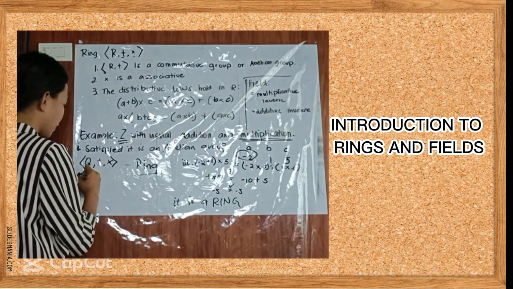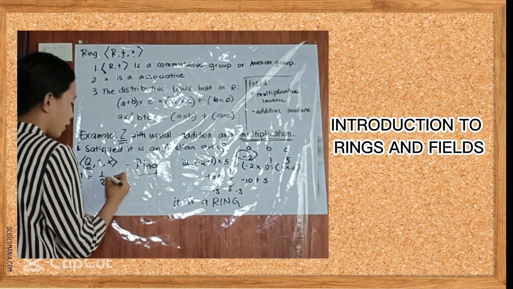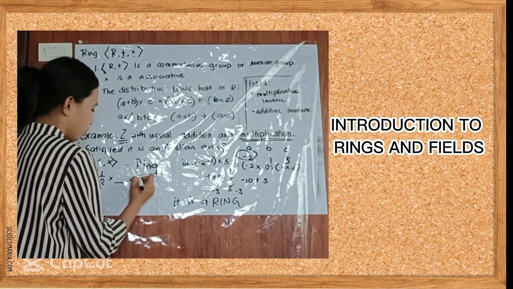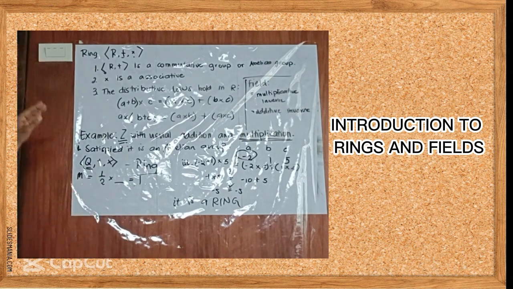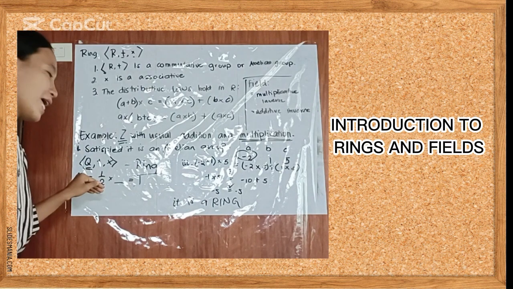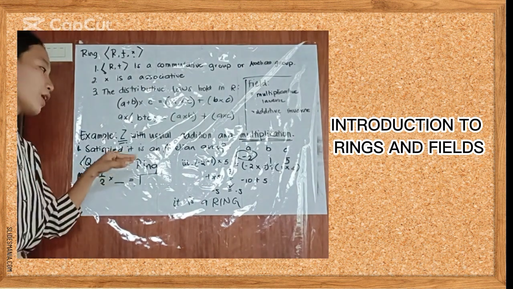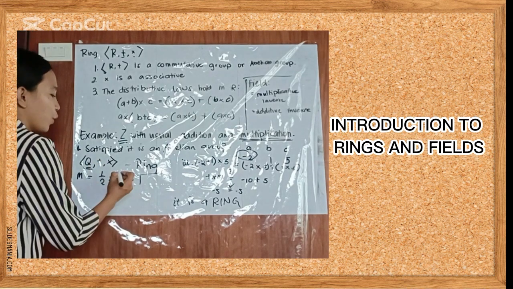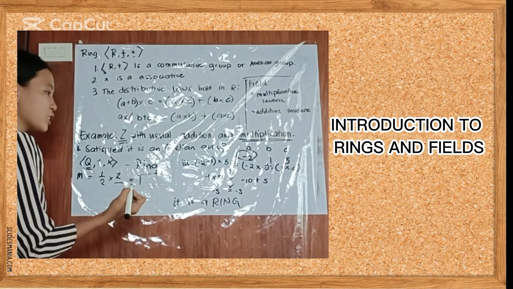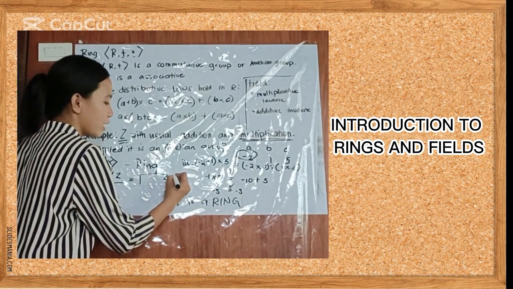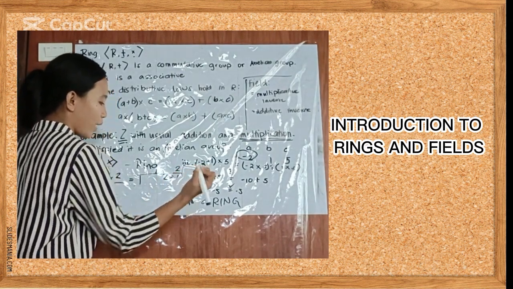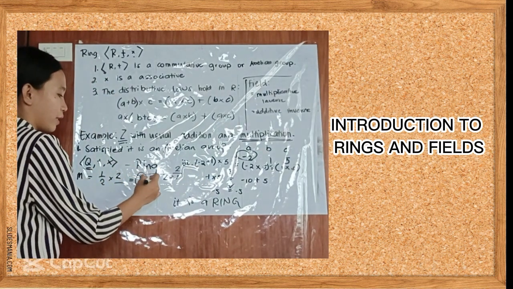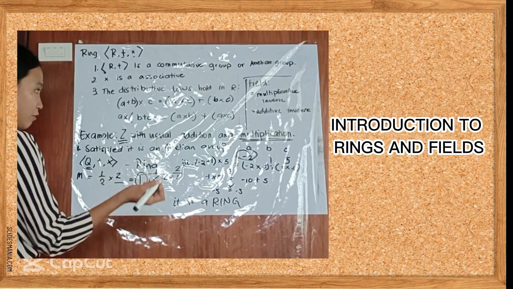In multiplicative, let's try 1/2 times any number equals 1. What number can we multiply to 1/2 so that we can get 1? We have 2. 2 is a rational number because 2 can be written as 2 over 1. 1/2 times 2 is equal to 1. Therefore, it has a multiplicative inverse.